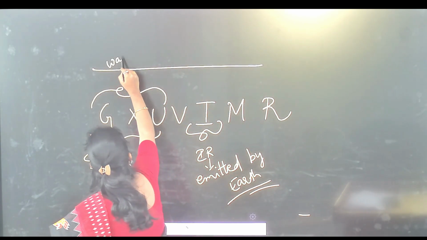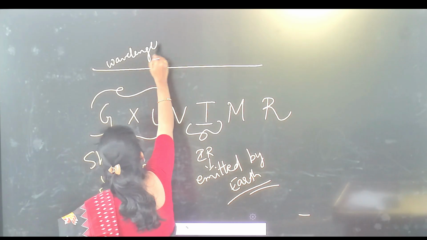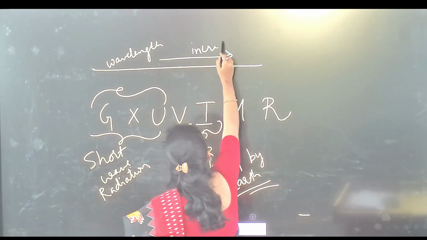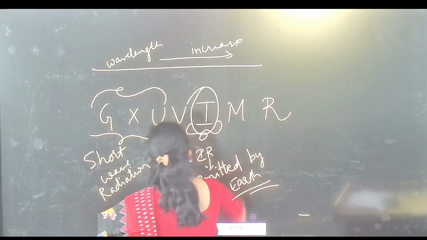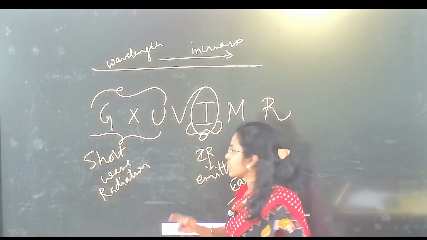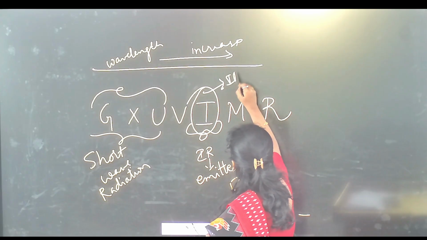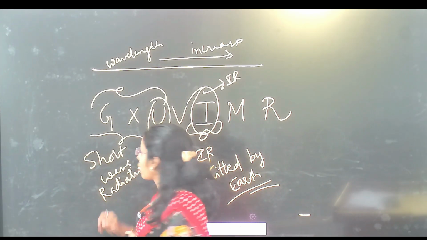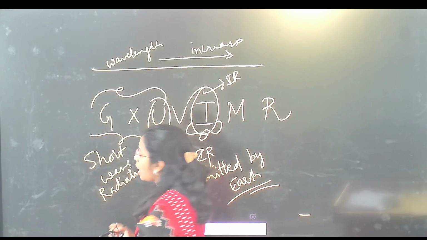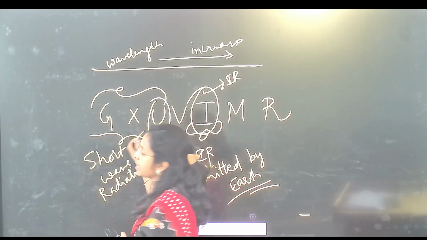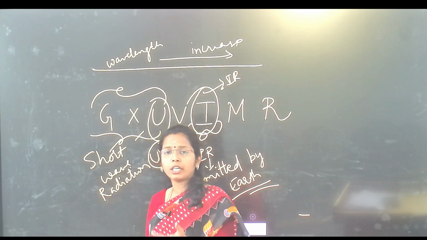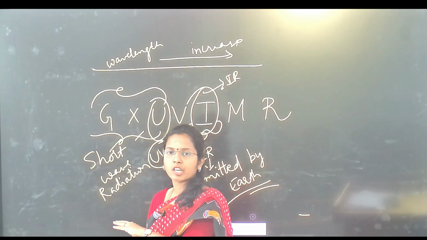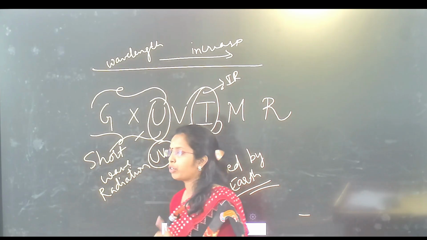Wavelength increases as you move here. Major component of outgoing terrestrial radiation is infrared radiation. Major component of incoming solar radiation is UV radiation, ultraviolet. Even you have X-rays and gamma rays also, but major component is UV radiation. Outgoing long wave terrestrial radiation, IR radiation, that you have to remember.